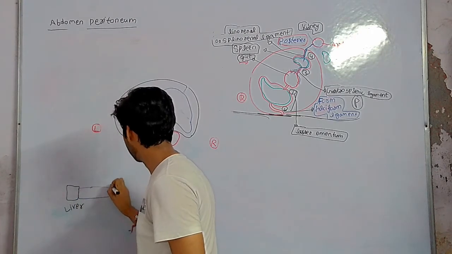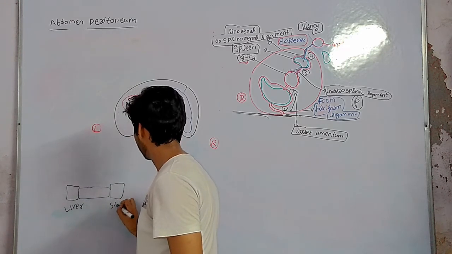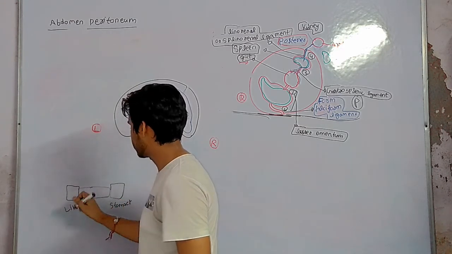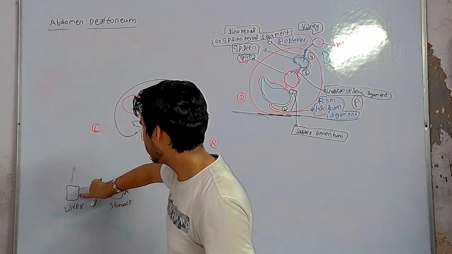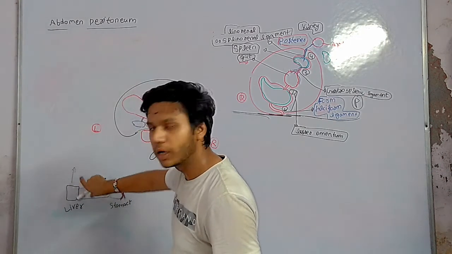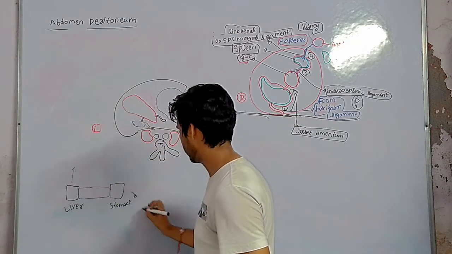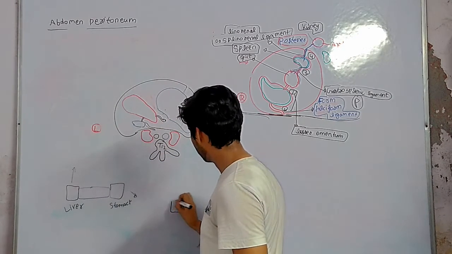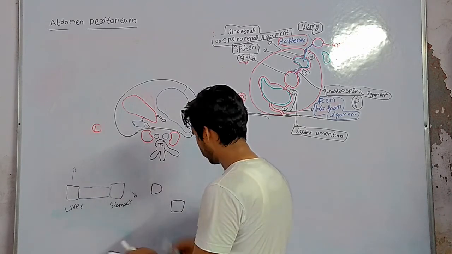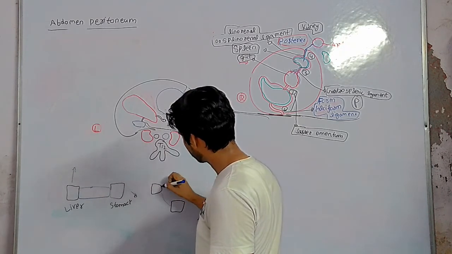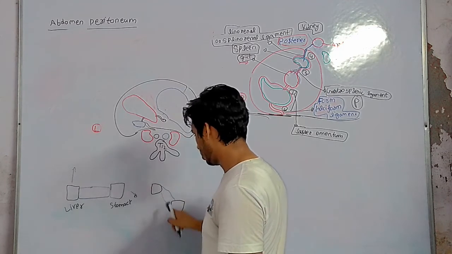Here we have the stomach. So when it ascends upward, this ligament turns like this. The stomach remains here, but the liver ascends. So this ligament turns like this.